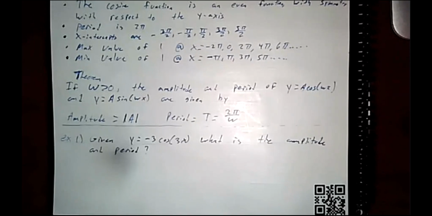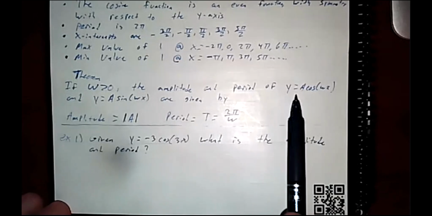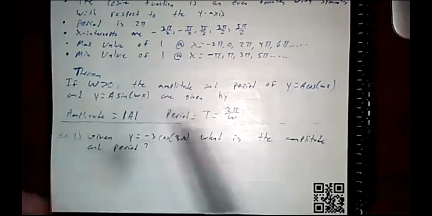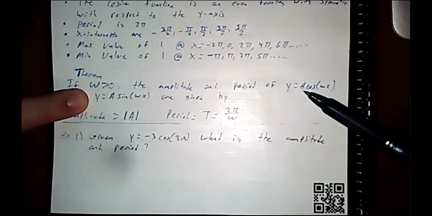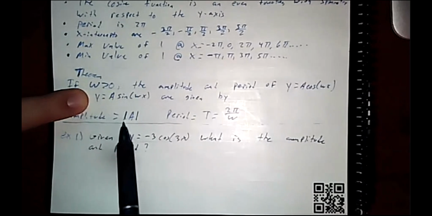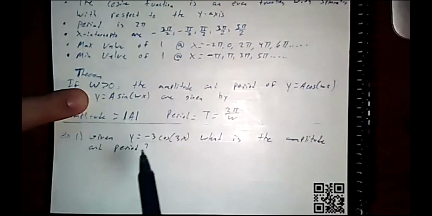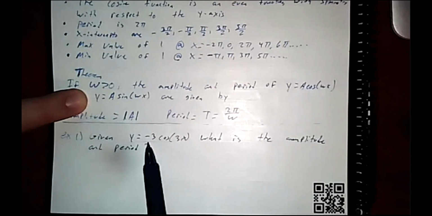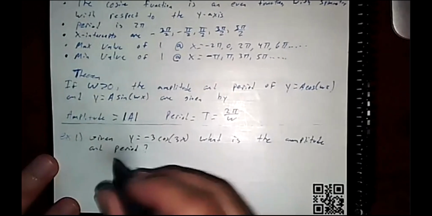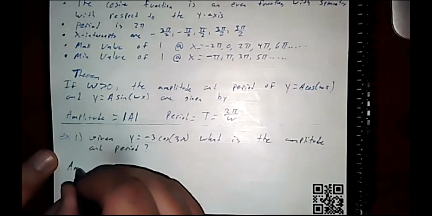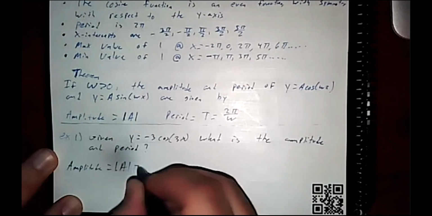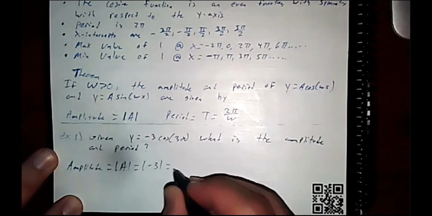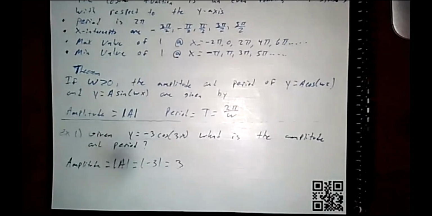So all you have to do, well, you can graph it, of course, but you see how your generic cosine and sine are right here. So the A in front, you take the absolute value of the A, and that's your amplitude. Our A is negative 3. So amplitude is equal to the absolute value of A, which is the absolute value of negative 3. So in other words, you just make it positive. That's it.